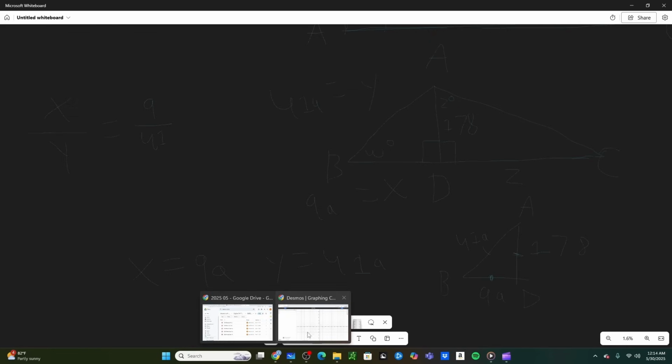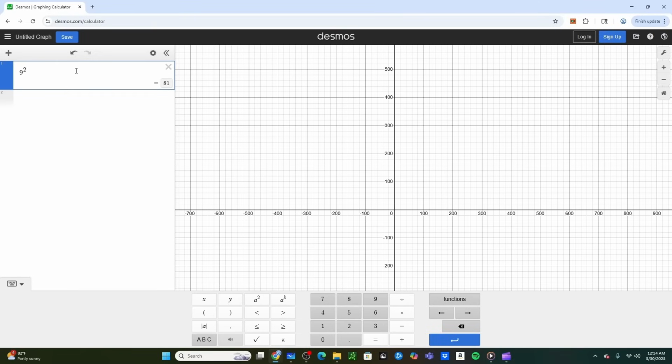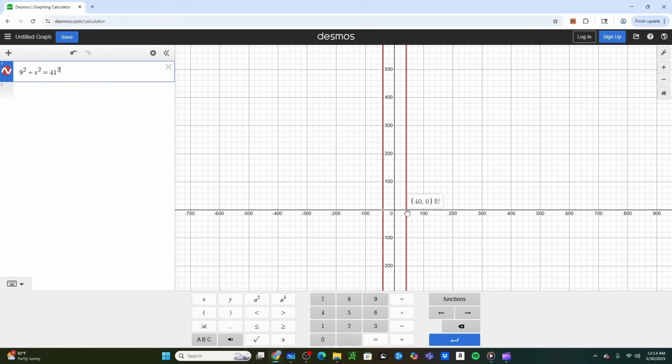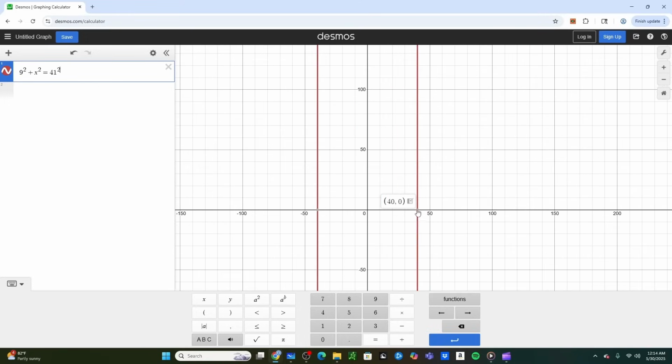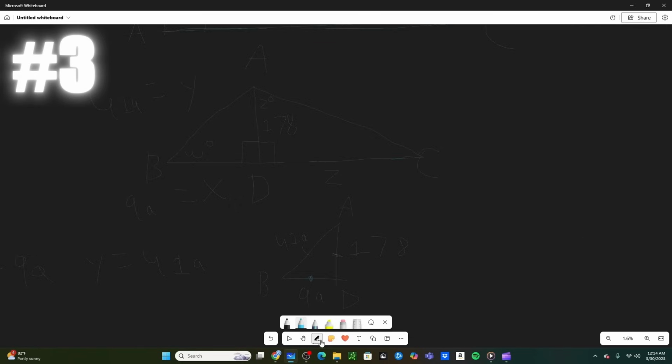So that means 9 squared plus blank, or x squared, should equal 41 squared. And that's going to give us 40, right? So we can see that the solution in Desmos is 40. So what that means is this side, which is 178, is actually equal to 40a, okay?